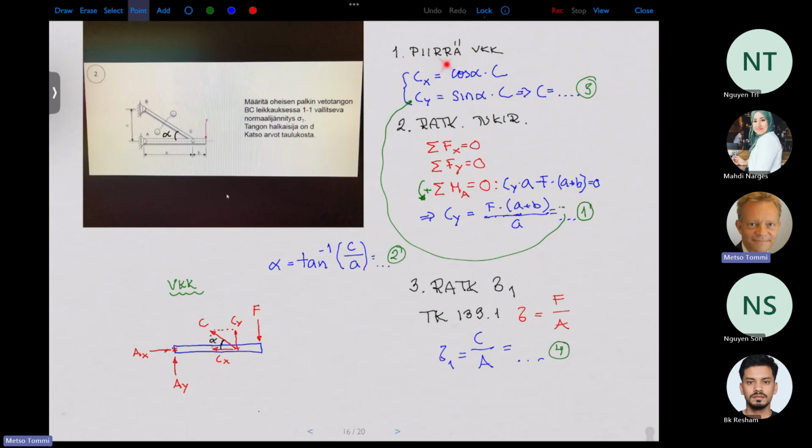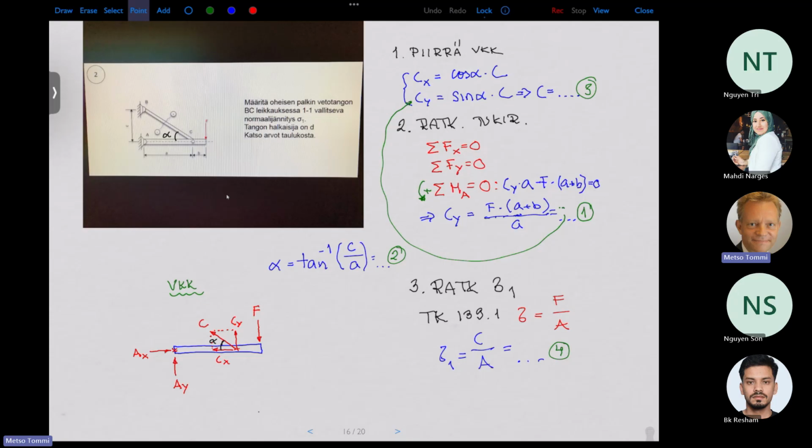So again, draw the free body diagram. It isn't easy to show with this finger. Draw free body diagram, and it is here. The object is drawn as it is.